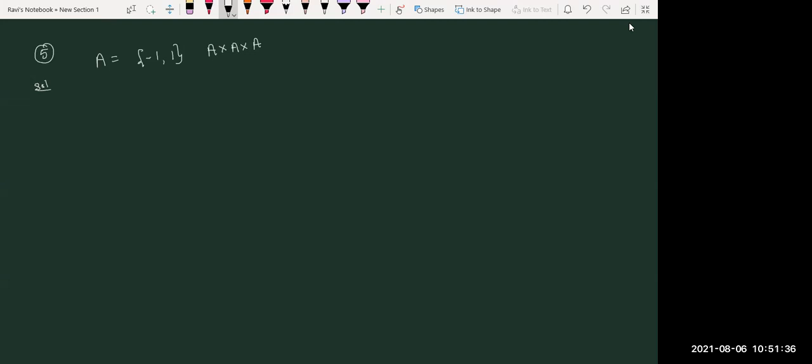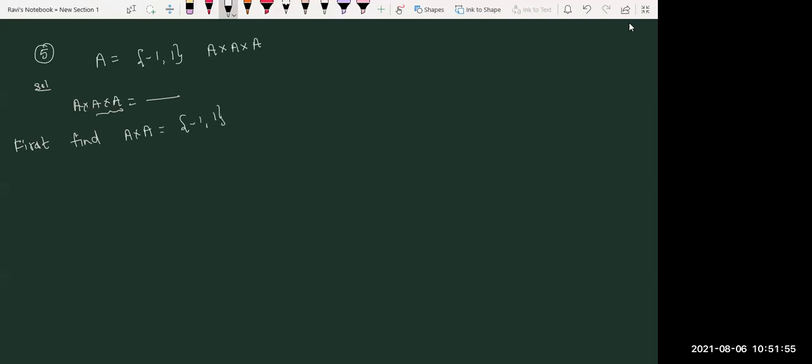So whenever they ask this way, A cross A, they're asking us to find, right? First we have to find here now. First find, anyone, you can take this A cross A. First you can find A cross A.